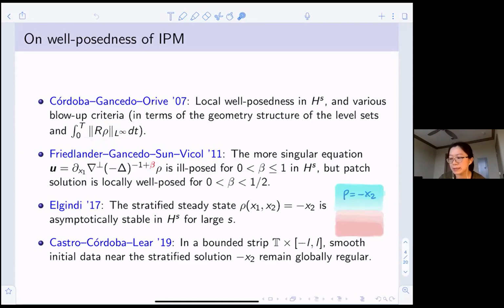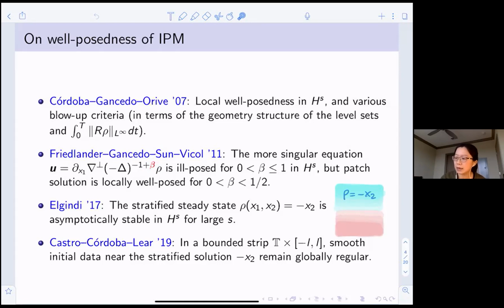And Friedlander, Gancedo, Sun, and Vicol have studied the more singular equation with this Biot-Savart law here, where when beta is equal to 0, this is exactly the incompressible porous media equation itself. So they are considering the case when beta is bigger, meaning the Biot-Savart law is more singular.